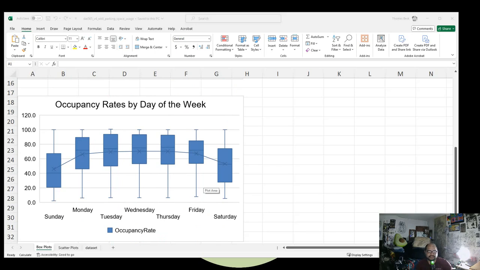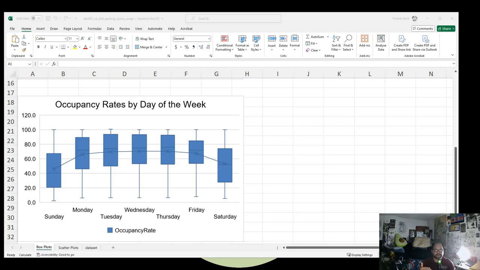It's less on the weekends. The weekends get a lot less of an occupancy rate. So conceptually, this data visualization is just trying to show us how the lots get occupied throughout the week.